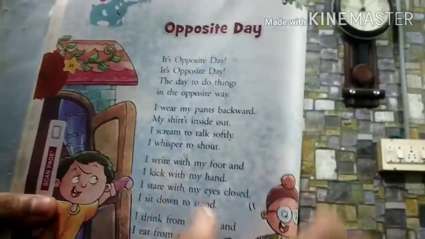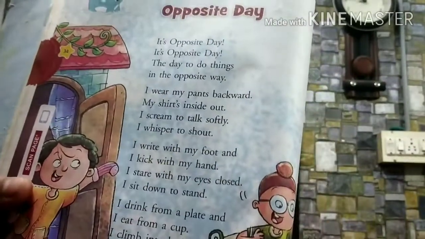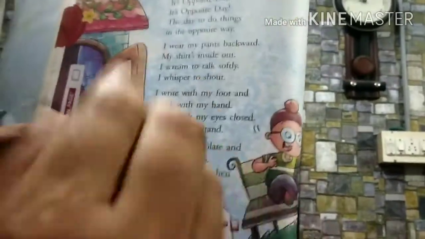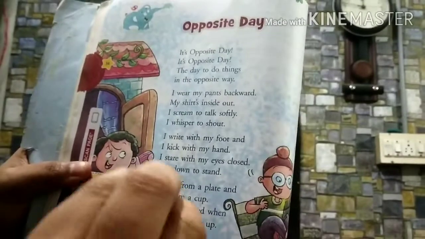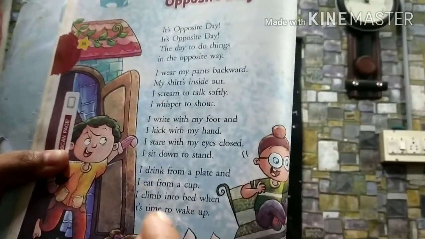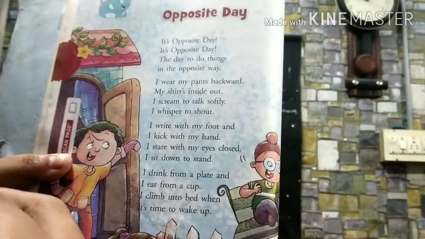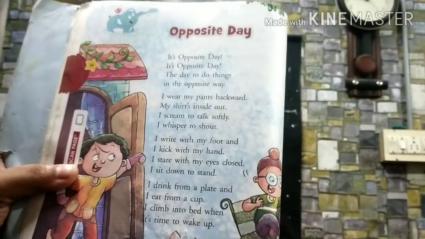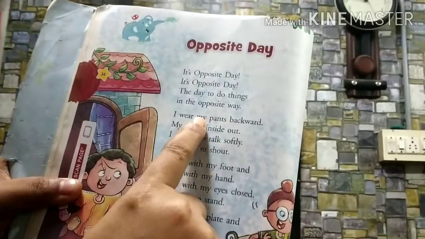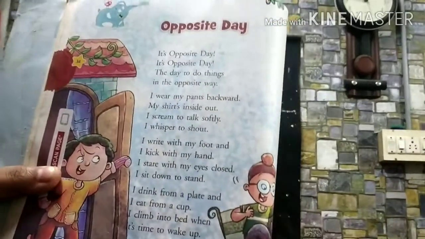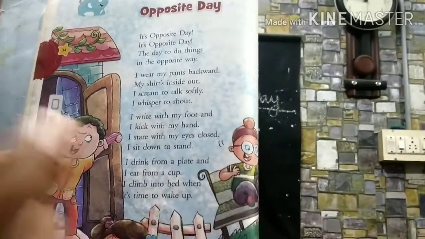So, in the first stanza, the poet is saying it's totally opposite day. So, let us do the things we do every day in an opposite way. I wear my pants backward. How do you wear your pants? In the correct way.